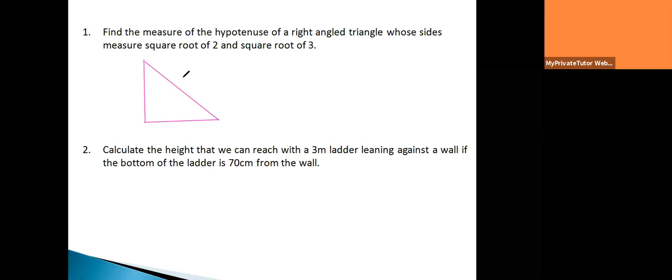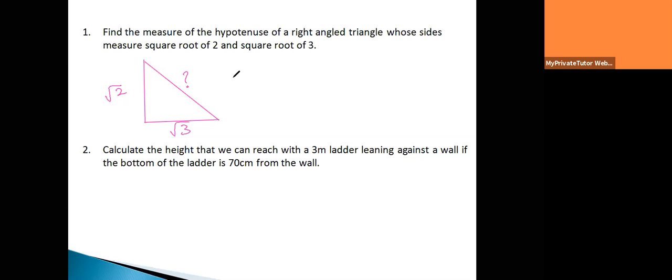We need to find the hypotenuse side. The other two sides are given: one is square root 2, one is square root 3. So square root 2 whole square plus square root 3 whole square is the value of the hypotenuse square. So 2 plus 3, which is 5. So what Anna said is not correct, I think.